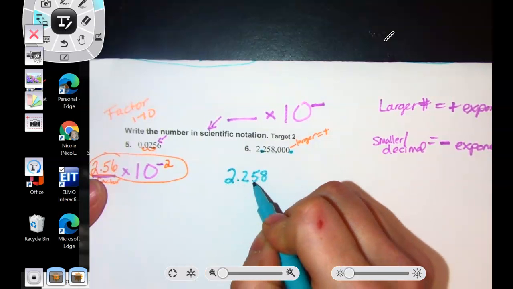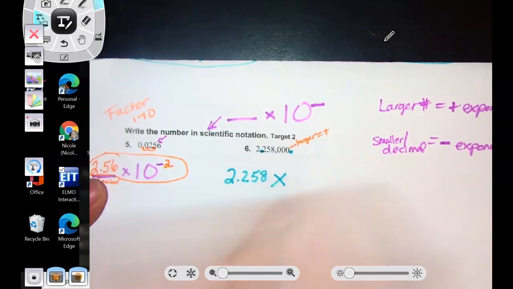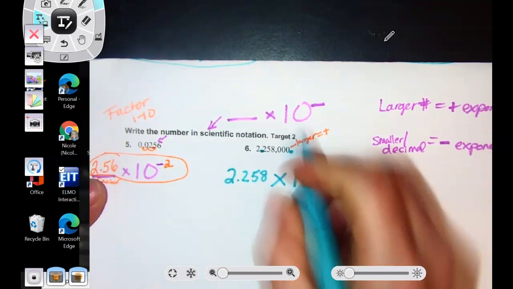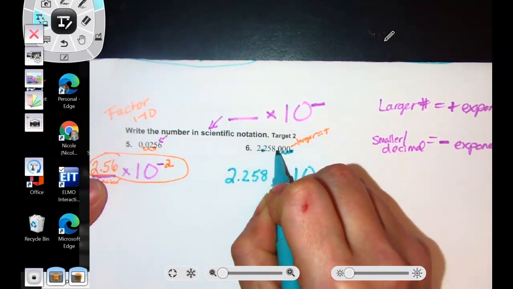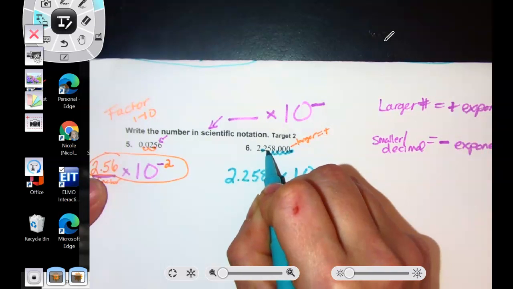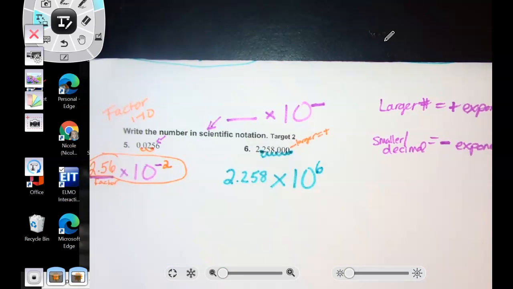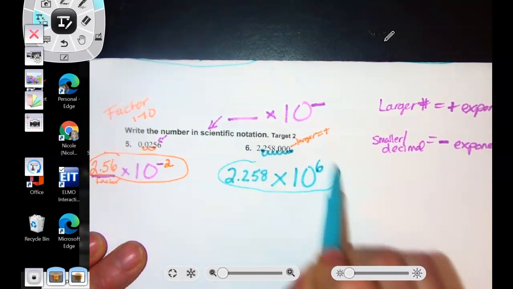If I put it 1 over, it'd be 22. So this factor has to be between 1 and 10. So it's 2.258 times 10, and then I just count how many I moved. So I'm moving 1, 2, 3, 4, 5, 6. And it's a positive, remember? I moved 6, so it's positive because it started as a larger number.